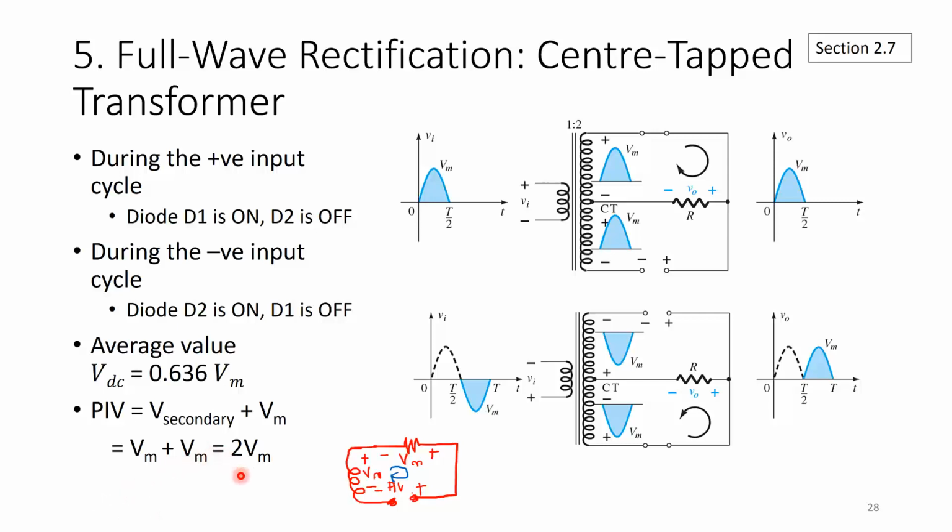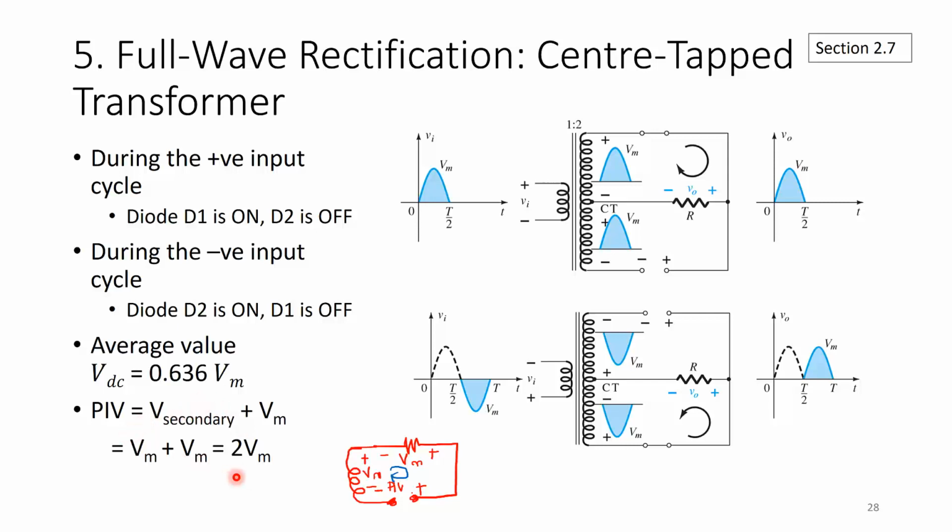So here you see that for the center tap transformer, even though we just use 2 diodes, you're going to get the same value of the average DC value, which is 0.636 Vm, but the peak inverse voltage is now doubled.